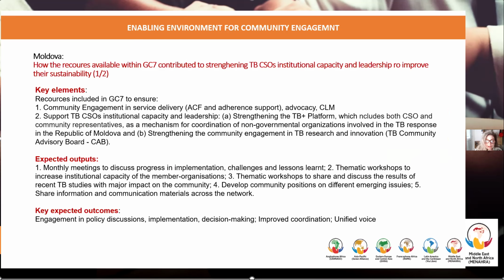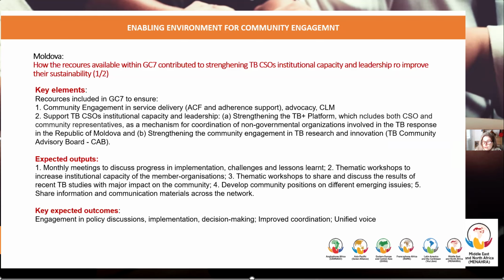So in Moldova, what we did is actually within the development of the GC7, we ensured that we have resources, and this is where it comes from. We ensured that we have strict budget lines which are dedicated to community engagement in service delivery. We had particular resources dedicated for active case finding and for adherence support. We had particular budget dedicated to advocacy and CLM activities.